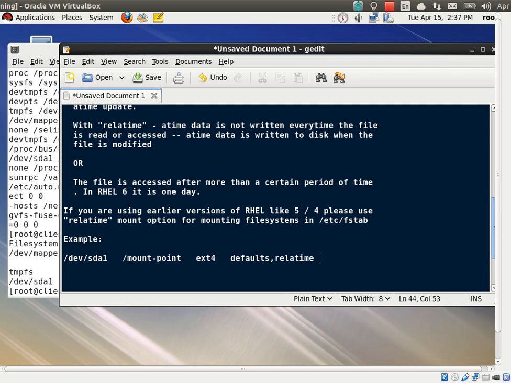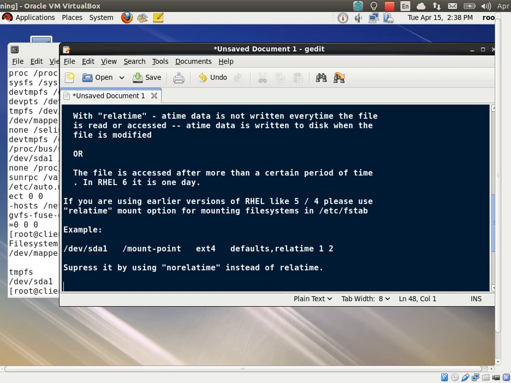That's it, and 0 0 or 1 2, whatever. You should use this. And if at any time you don't want to use the relatime mount option, though I will never recommend it, you can suppress it by using norelatime instead of relatime.